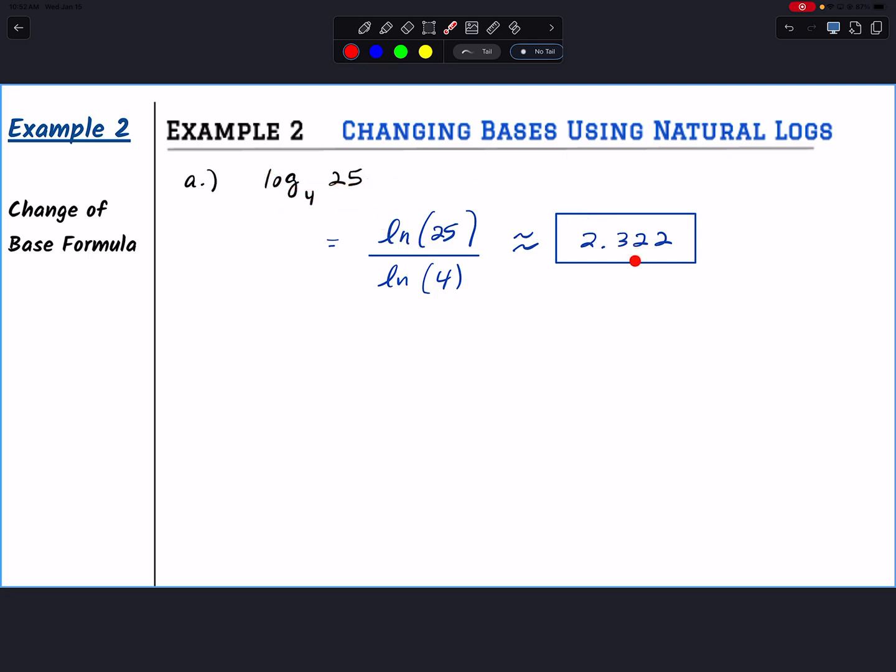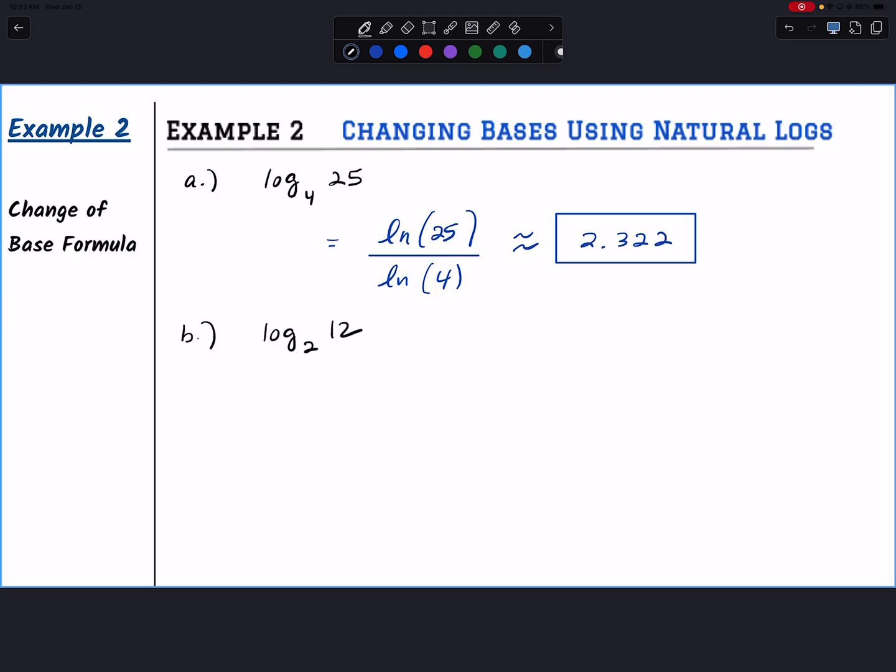It's the same. So what I'm trying to show you guys is, does it matter which formula you use? No, because 4 to some power should be 25. That answer should be the same. So what I'm trying to show you guys is, unless it tells you what to do, you can use whatever formula you want. It doesn't matter, okay? So in that case, let's just prove that this works. Let's do the other one again.